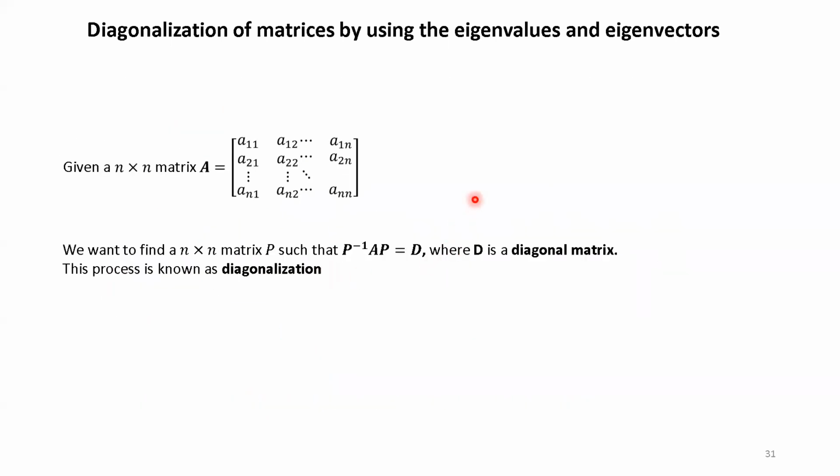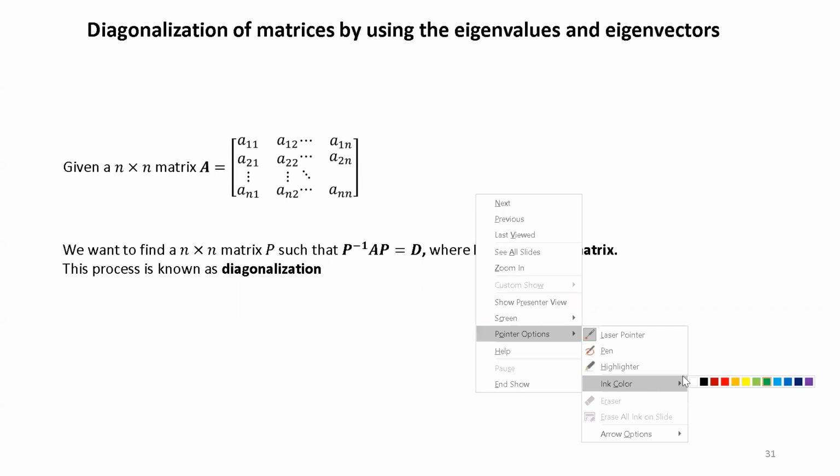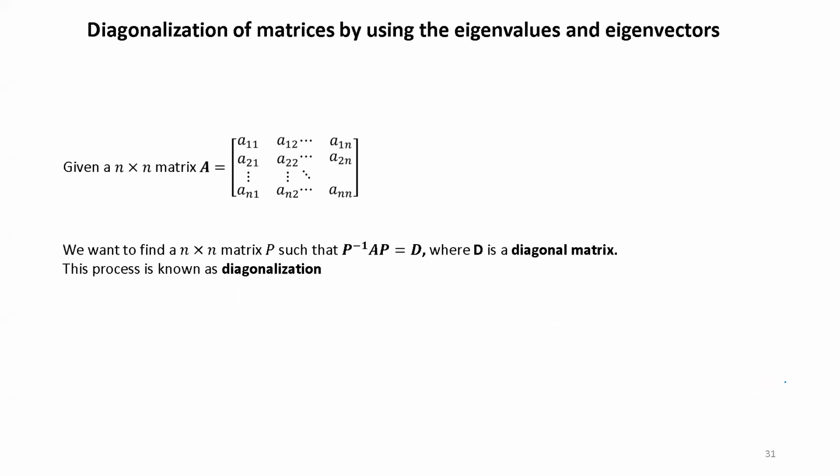So let's see how that works. I have the n by n case in the next slide, but first I'll start with this 2 by 2 case. Let's say I have a 2 by 2 matrix A. And suppose I have the two eigenvalues and eigenvectors.